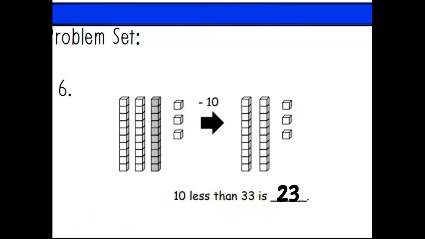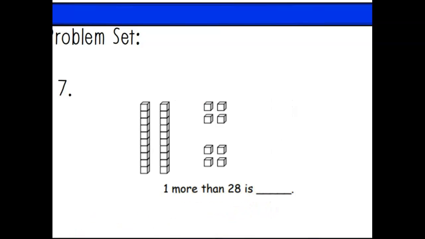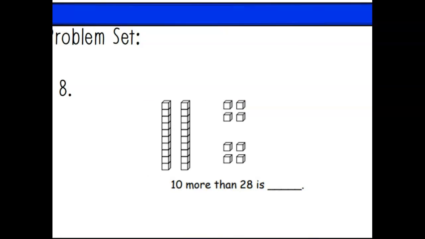Is that what you said? Good job. 1 more than 28. All right, so here's our 10, 20, 21, 22, 23, 24, 25, 26, 27, 28. So 1 more is, did you say 29? Good job.